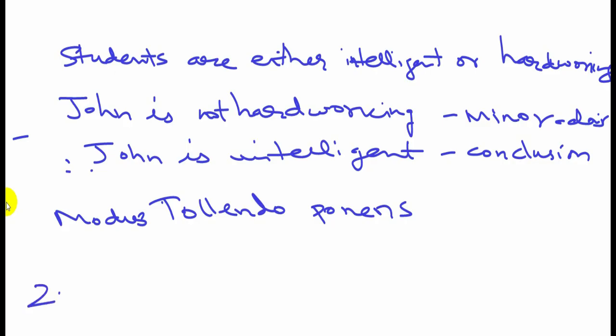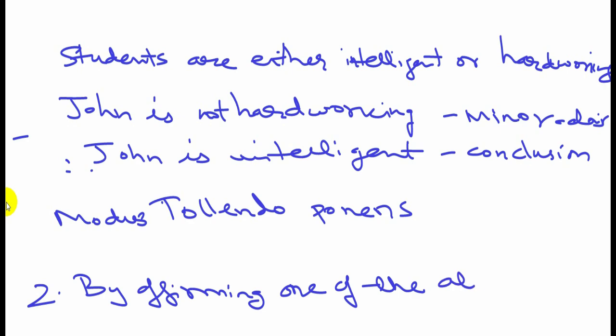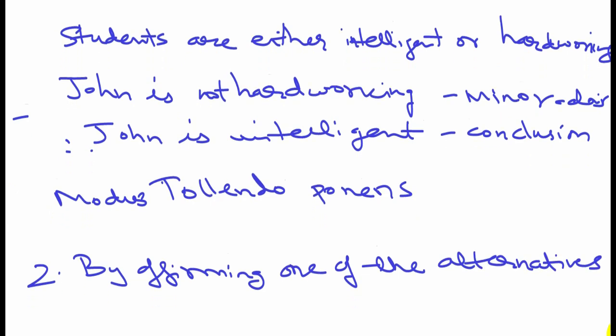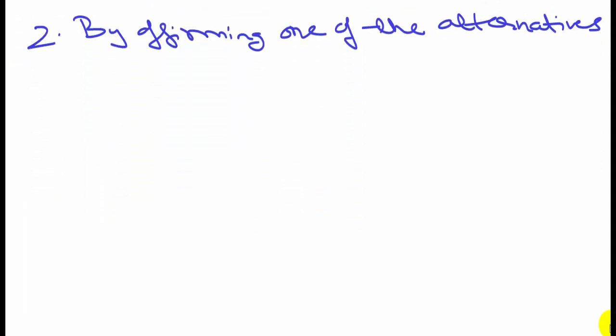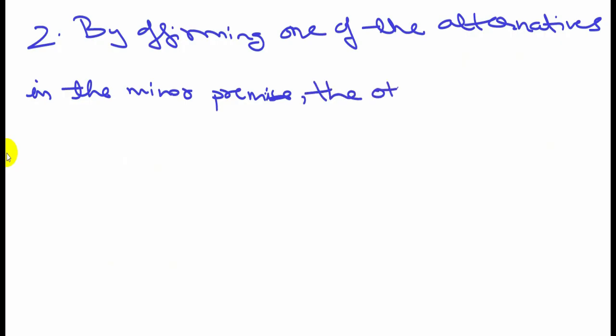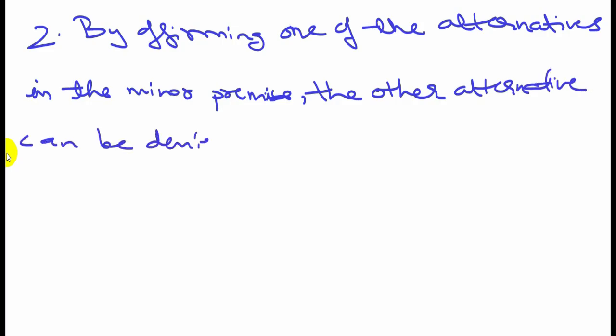Now we have the second rule. The second rule states, by affirming one of the alternatives in the minor premise, the other alternative can be denied in the conclusion, provided the alternatives are exclusive.